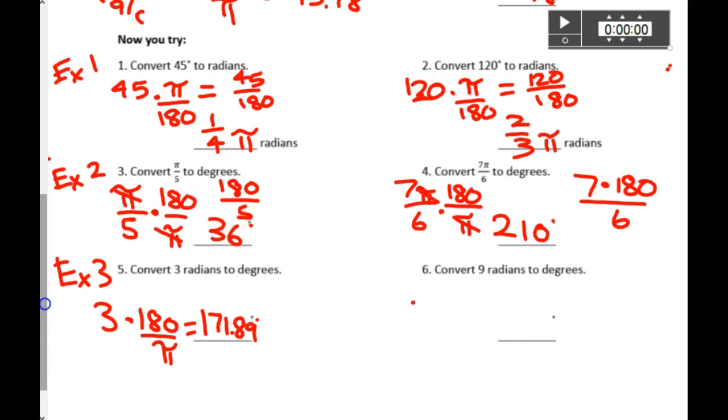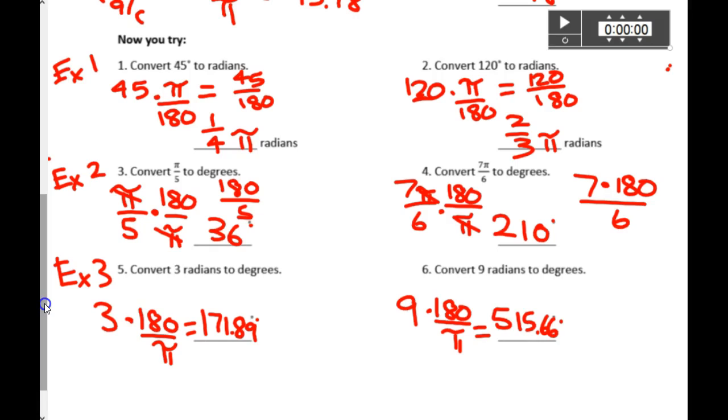And number 6, same idea. 9 radians times 180 over pi. 9 times 180 divided by pi gives me 515.66 degrees. So the back of this front sheet we said was already filled out, so there's some more examples of doing that. Okay.